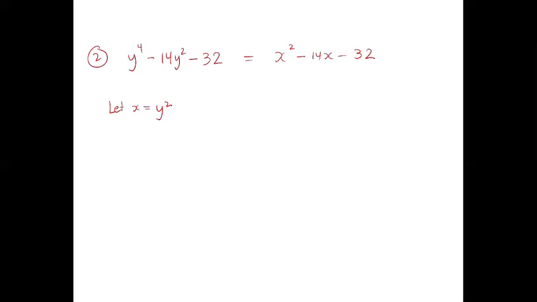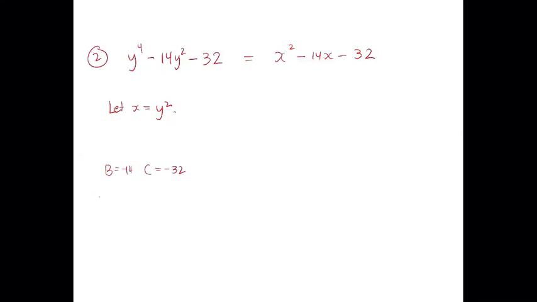So from here, we use our method. A is equal to 1, so anyway, we will not need this. But we have B equals negative 14 and C equals negative 32.